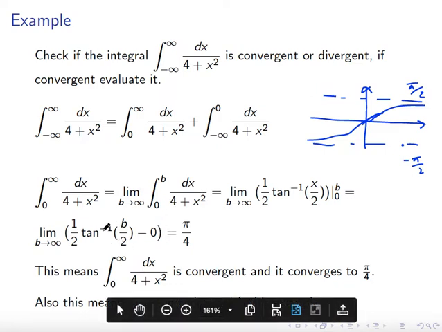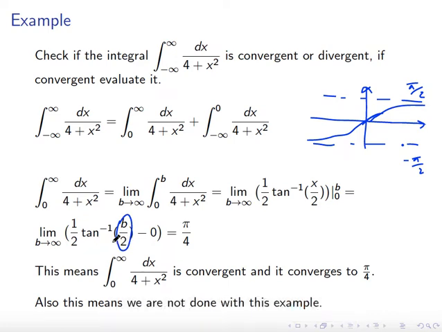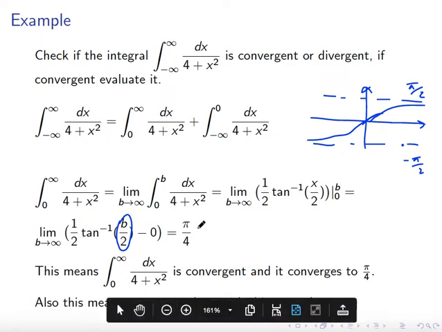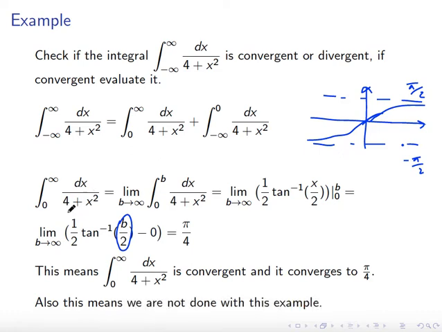So here, because when b approaches infinity, b over 2 also approaches infinity, we want to find tan inverse of infinity, which is pi over 2, and then pi over 2 multiplied by half is pi over 4. So this means that the integral from 0 to infinity of dx over 4 plus x squared is convergent, and its value is pi over 4.